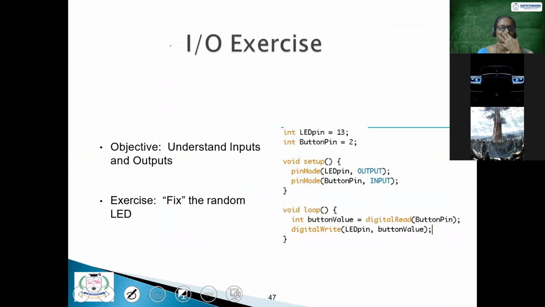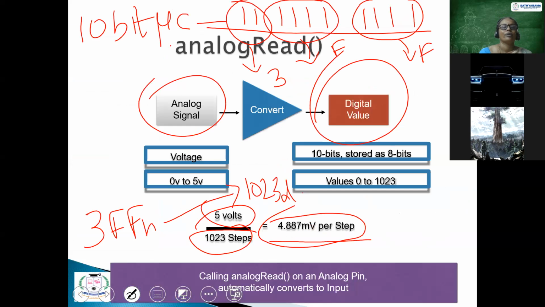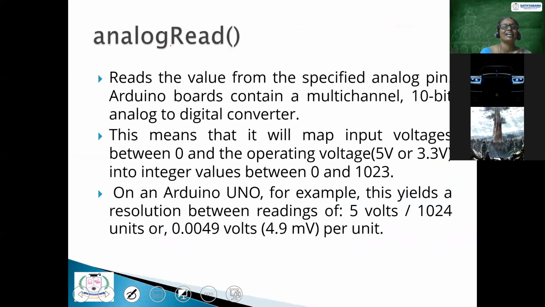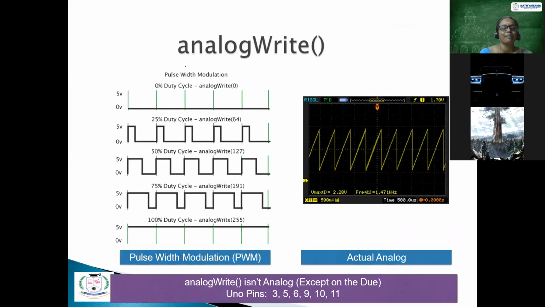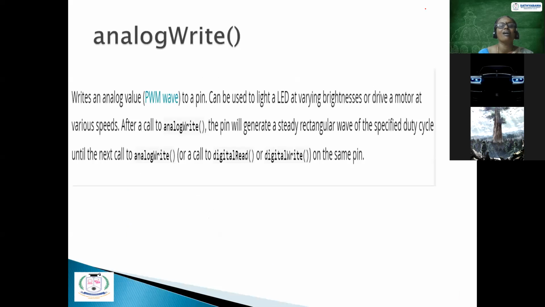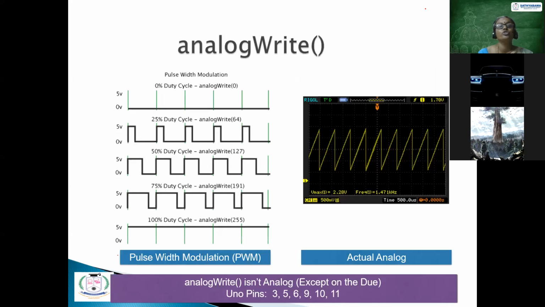So these are some of the exercises again with the same concept only. Okay. This I have already explained to you. So analogWrite is nothing but PWM generation. So while you're going with analog, we are able to generate the waveform at a specified duty cycle using analogWrite, and we can call digitalRead and digitalWrite on the same pin and generate the signal.